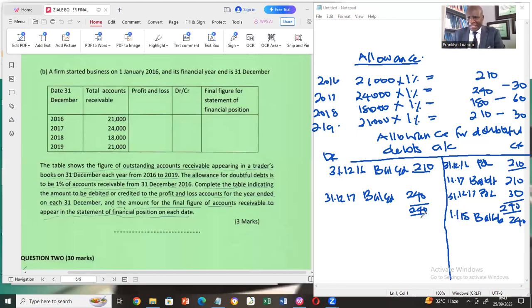At the year end, 2018, there was a reduction. A reduction you debit here. 31st December 2018, there was a reduction, P&L. The reduction was 60.